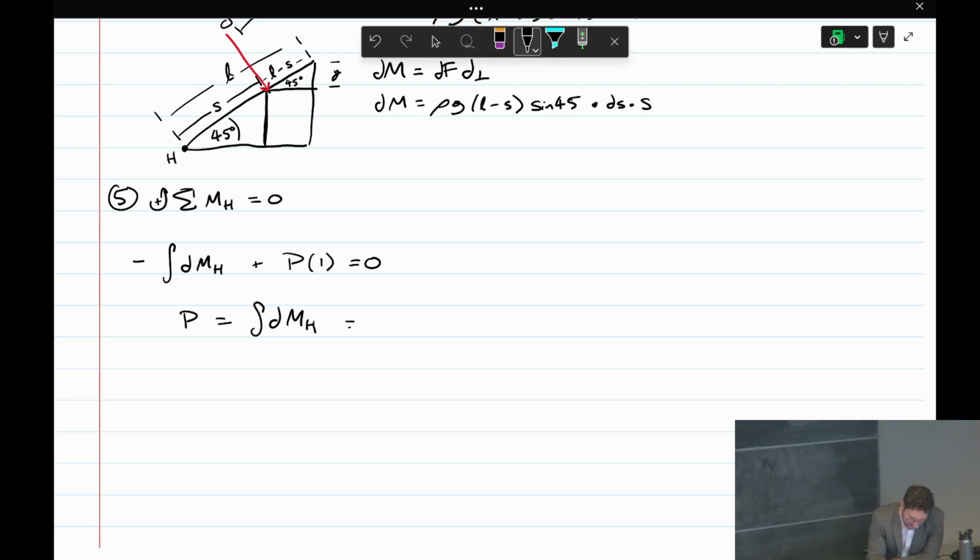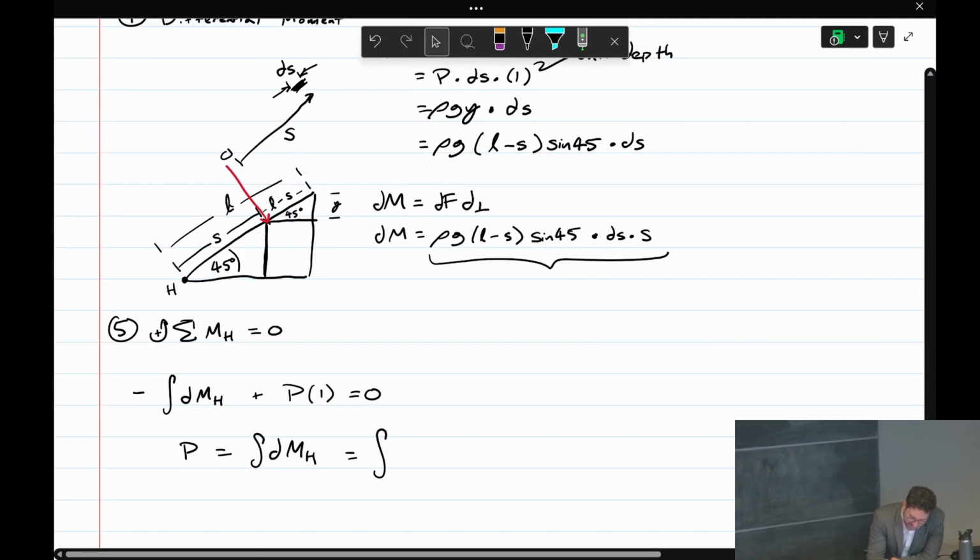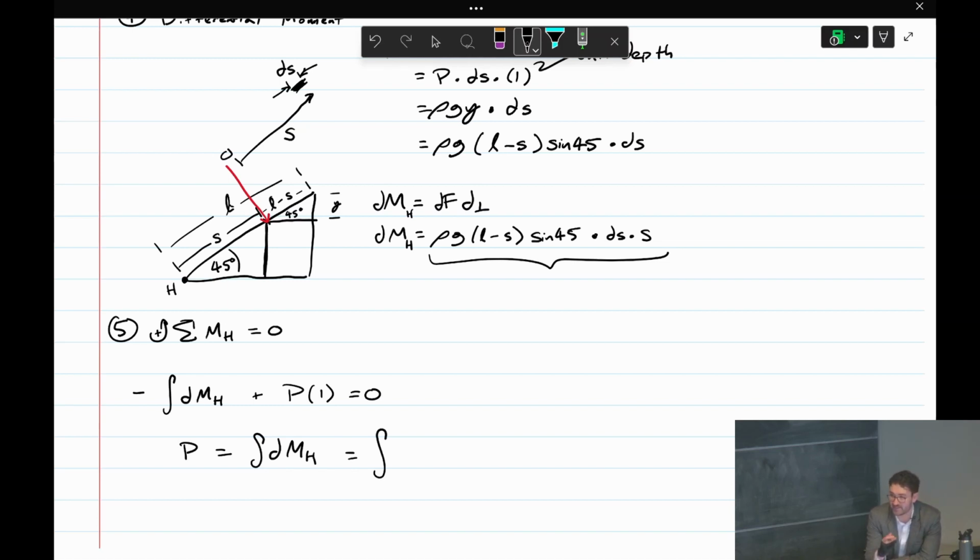Okay. That integral, I'm going to leave the bounds off for now. All I'm going to do is take our dm_h. I'll call this dm_h just for clarity, because I did this moment setup about the hinge, looking ahead to what we need to compute the moment around in order to solve this problem.